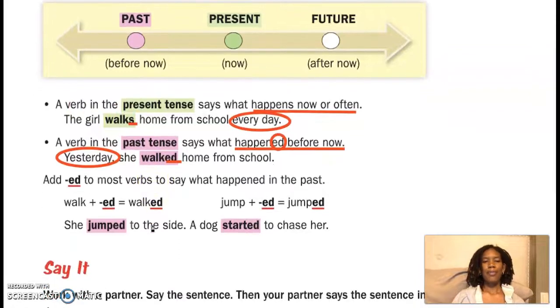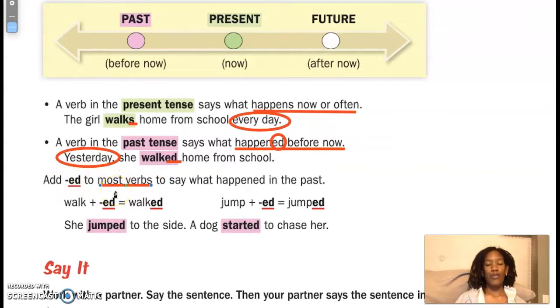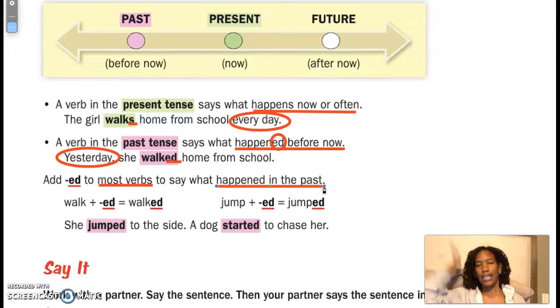Okay. Now, add ed to most verbs, not all verbs. We're not going to talk about it today, but we are going to talk about it. Add ed to most verbs to say what happened in the past, before now, like yesterday, last night, last week, 2 days ago.